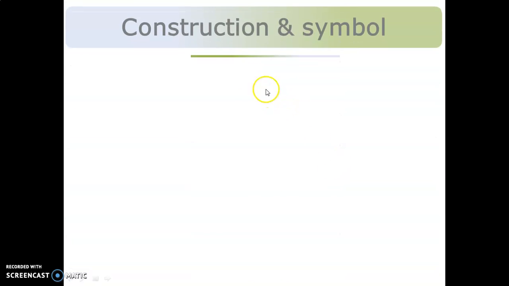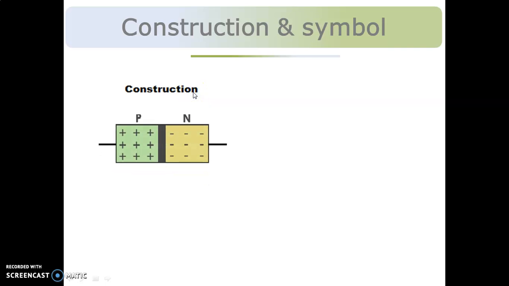As far as the construction and symbol is concerned, a PN junction diode is made up from a P-type material and N-type material, which are chemically combined under a suitable condition so as to form a junction, which is called as PN junction.